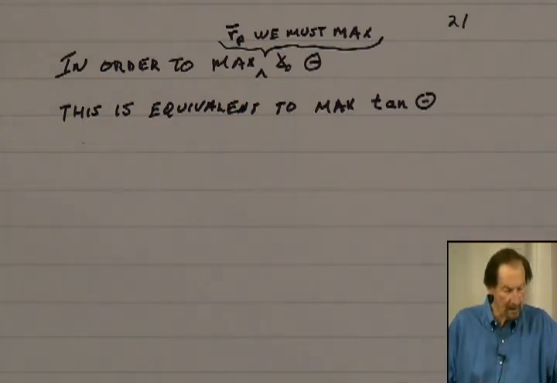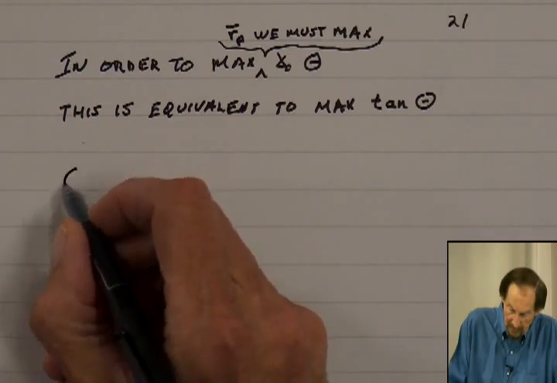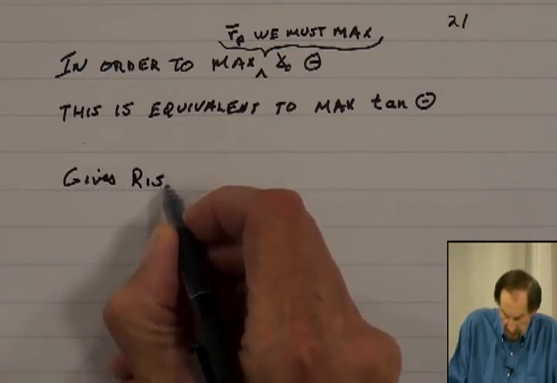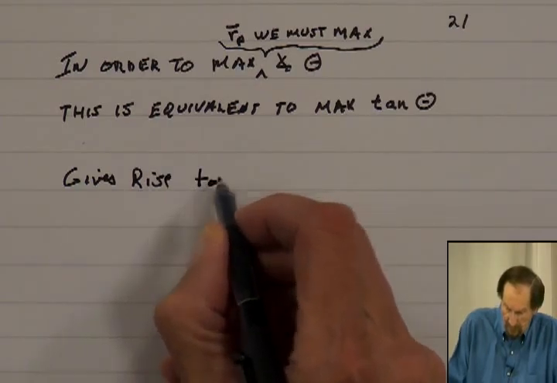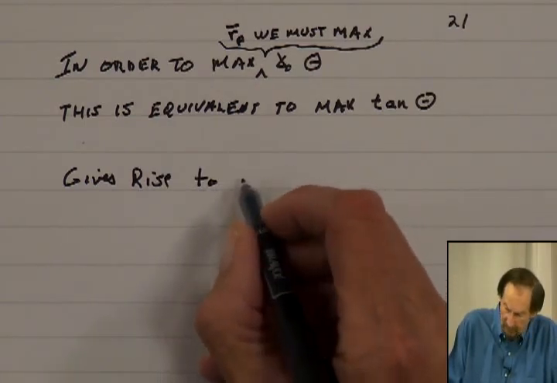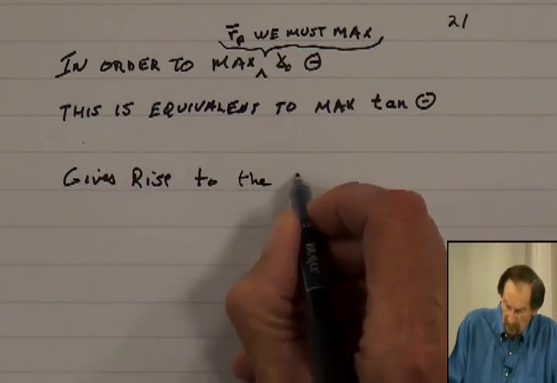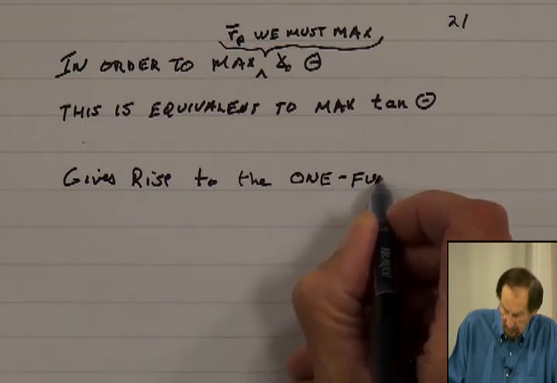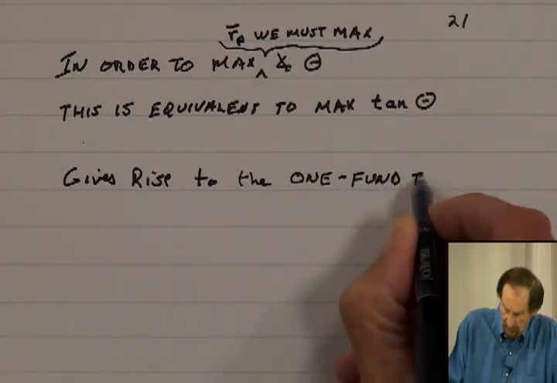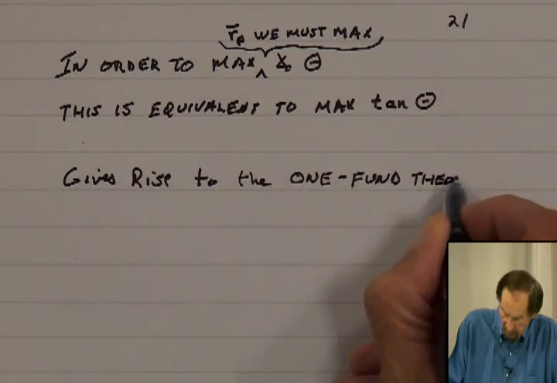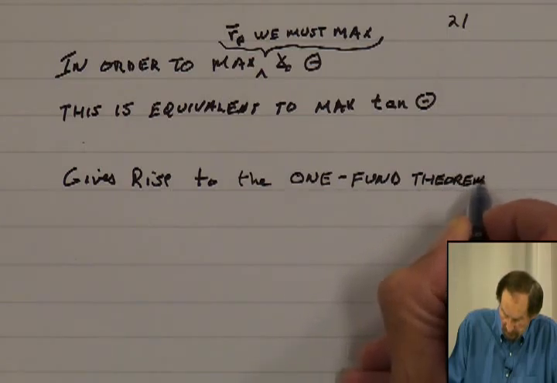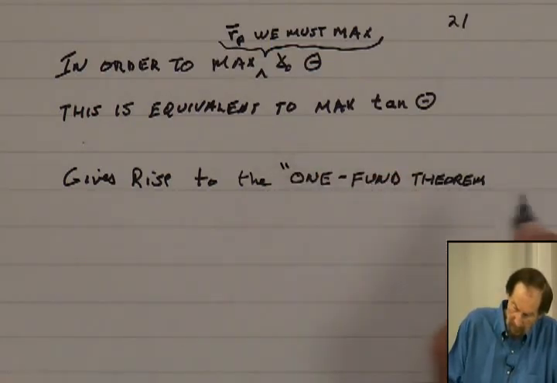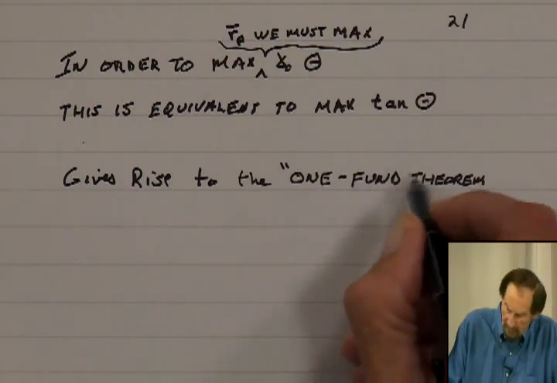And this gives rise to the so-called one-fund theorem. In the text, they talk about the two-fund theorem also, but why don't we just talk about the one-fund theorem?